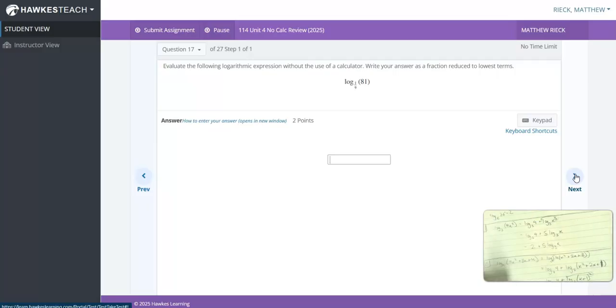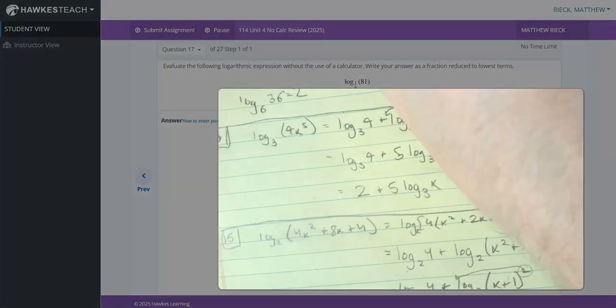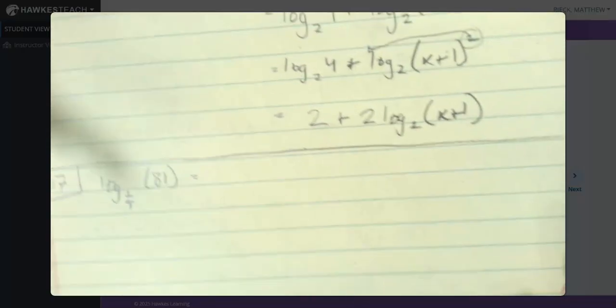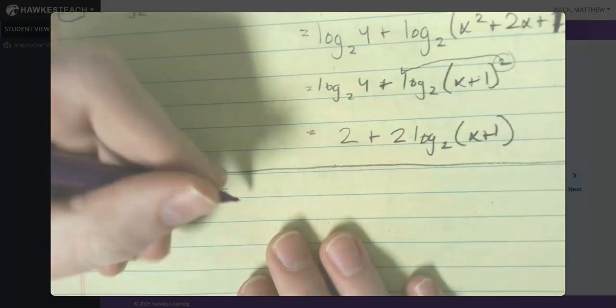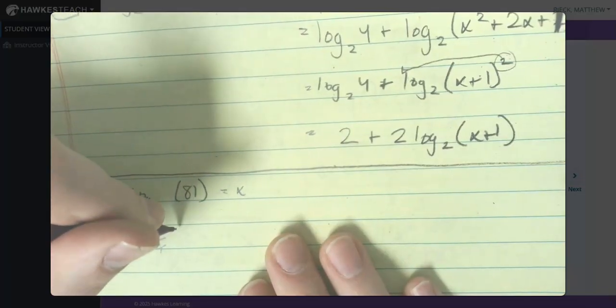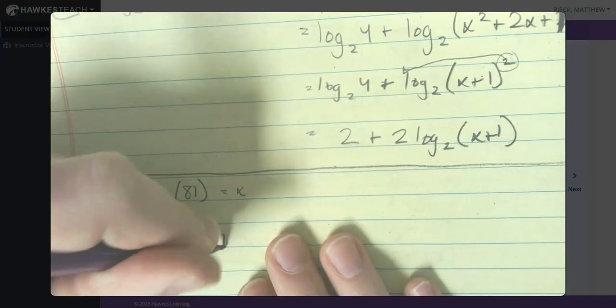All right. So evaluate this. So we have log base 1/9 of 81. So yeah, we have 1/9 to the x equals 81.